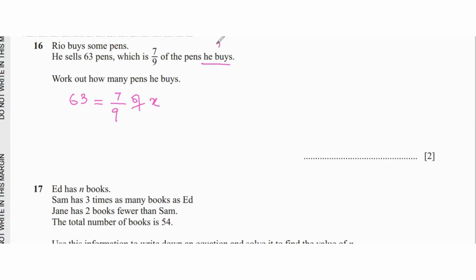X being the pens that he bought. So we do 63 times 9 over 7. And that is 81. So he bought 81 pens.